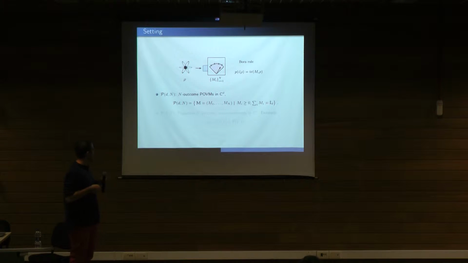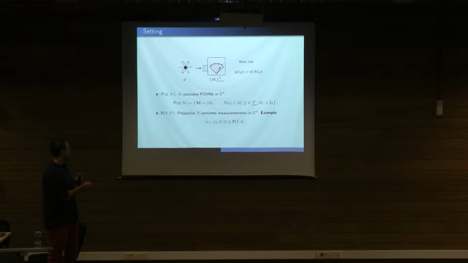We are working in finite-dimensional Hilbert spaces. The objects I will be interested in are n-outcome measurements in d-dimensional space. These are tuples of positive semi-definite operators that sum up to identity, and the labels here are the outcomes of measurements.